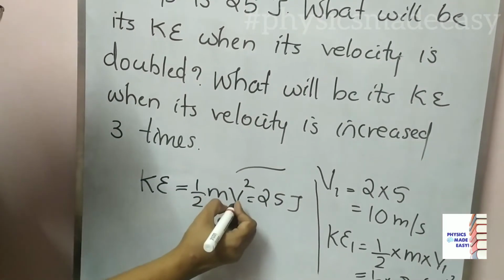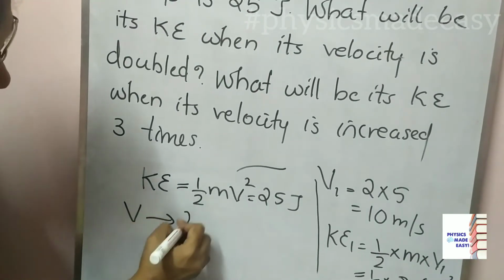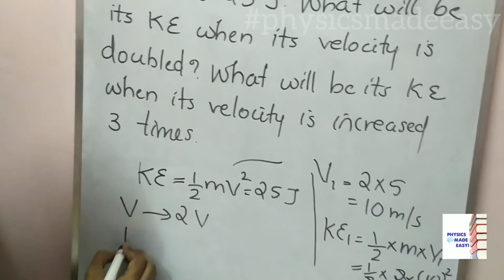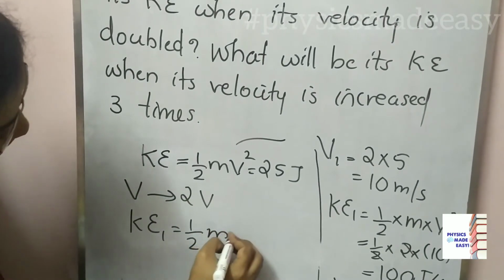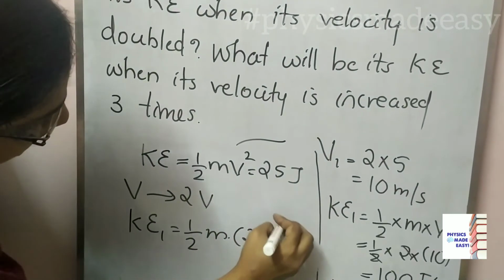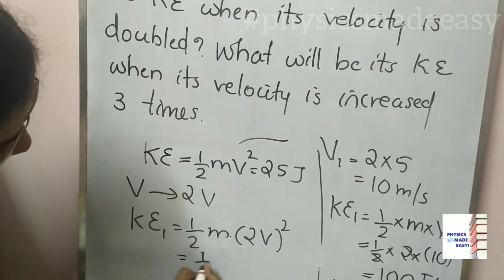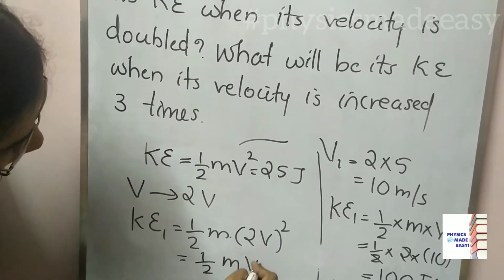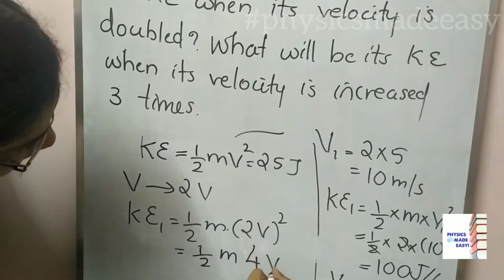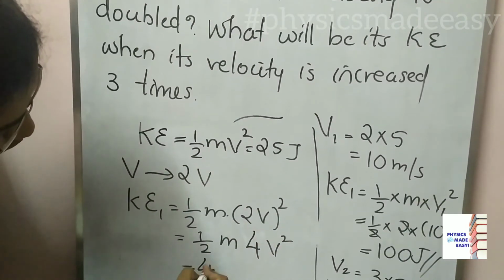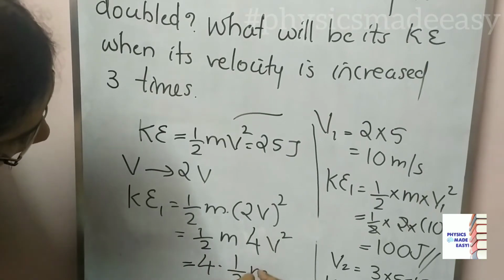Here the velocity becomes 2 times, doubled. Then how can we write this equation? Kinetic energy is equal to half m into 2v the whole square. How can we write this? Half m into 2 square, 4v square. This I am going to write as 4 into half mv square.